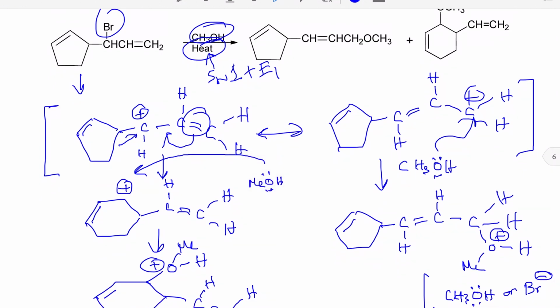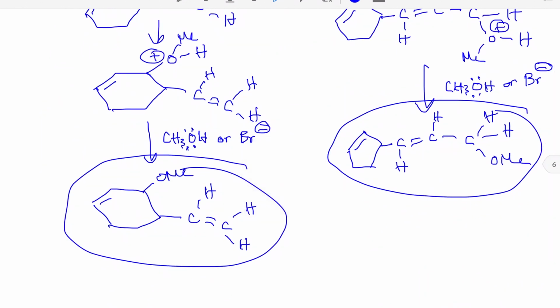So what we see is that now that we have this positive charge here, we can go ahead and this methanol group will react with the carbon here, and it will form a new group that is positively charged at the oxygen.